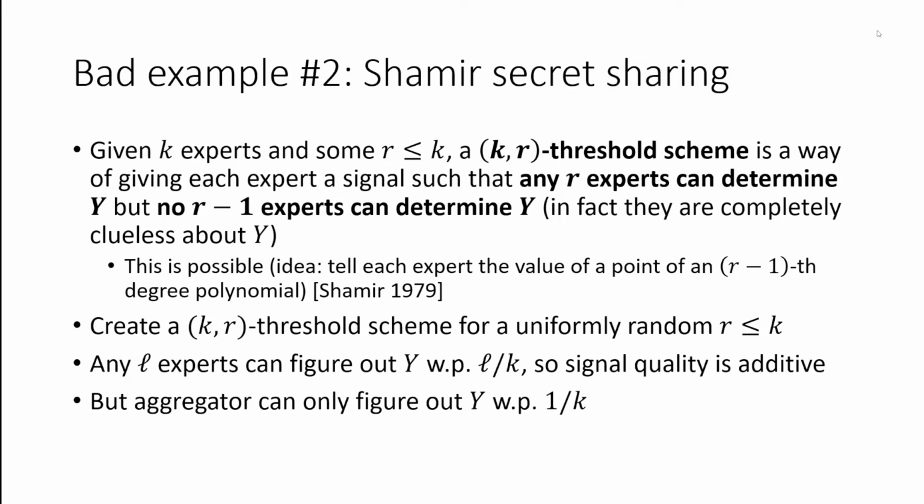This means that this signal quality function that we discussed is additive. And therefore, this information structure satisfies weak substitutes. On the other hand, the aggregator can only figure out y with probability 1/k, specifically whenever r is equal to 1. And so a 1/k approximation ratio is as well as you can hope to do.